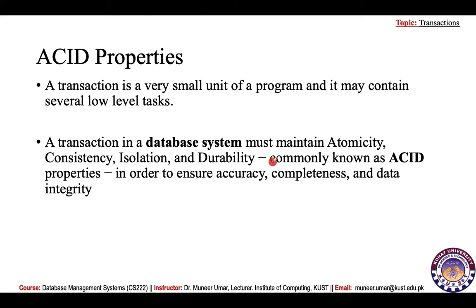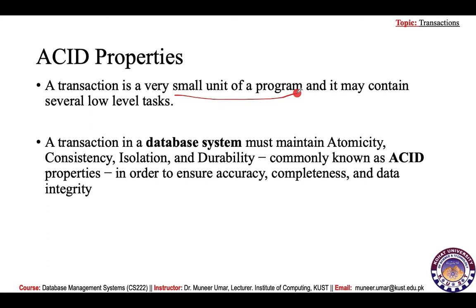ACID properties. A transaction is a very small unit of a program and it may contain several low level tasks, means that it is a block of multiple statements, and the transactions have ACID properties. So in each transaction there must be some rules or some constraints which must be fulfilled.